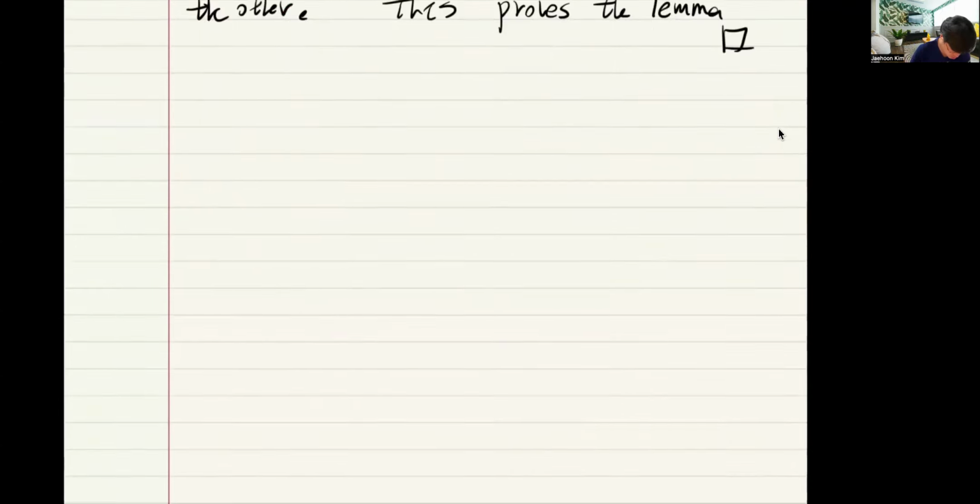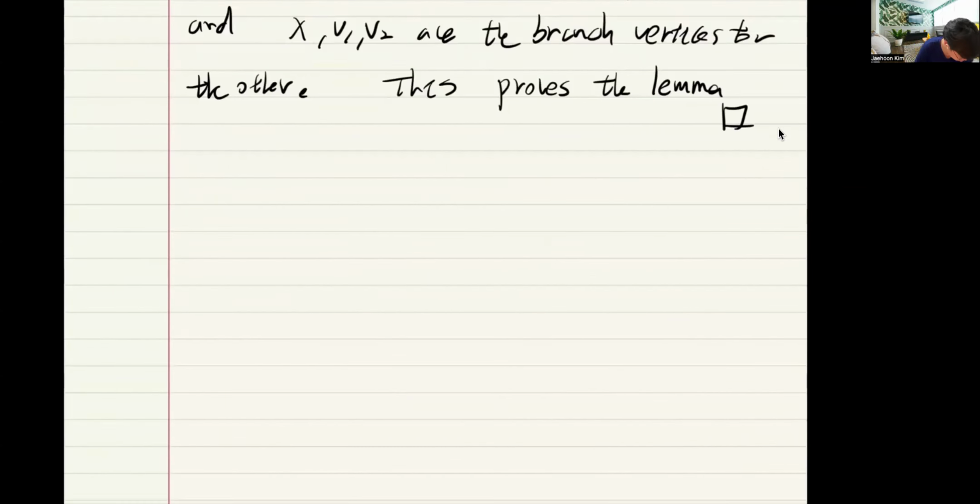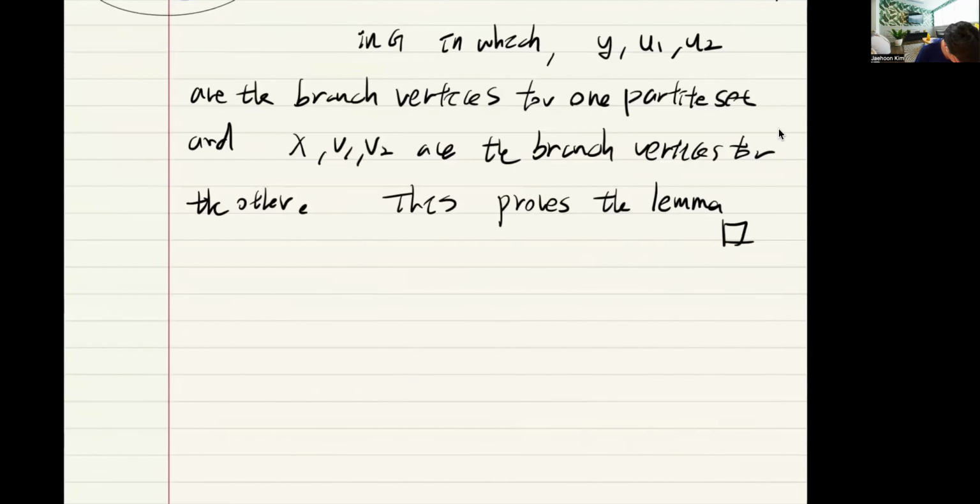So we want to prove Kuratowski theorem. In fact, we want to prove a stronger theorem.